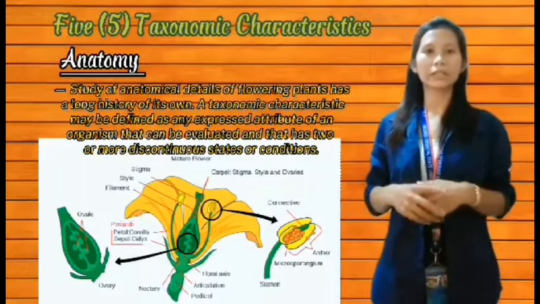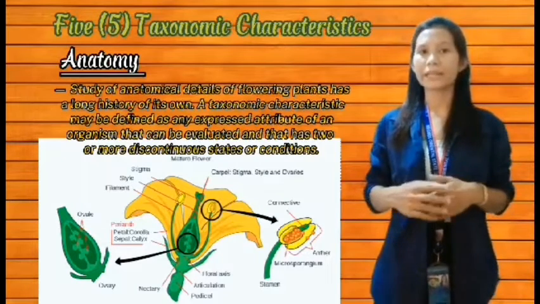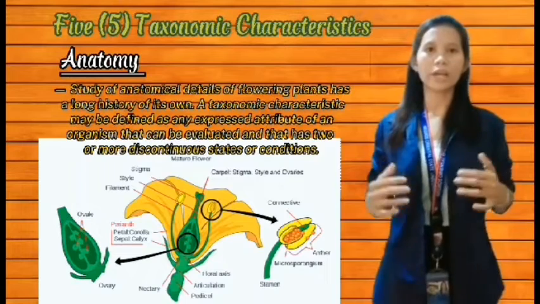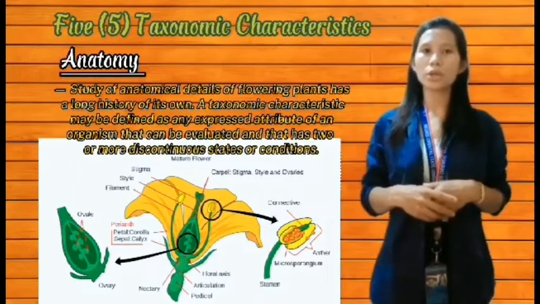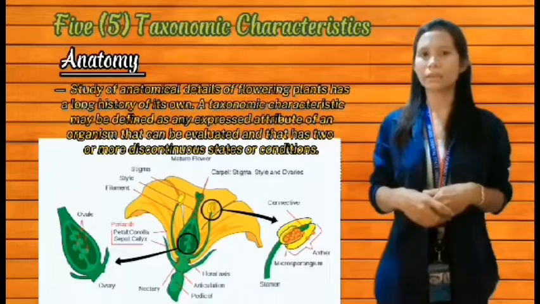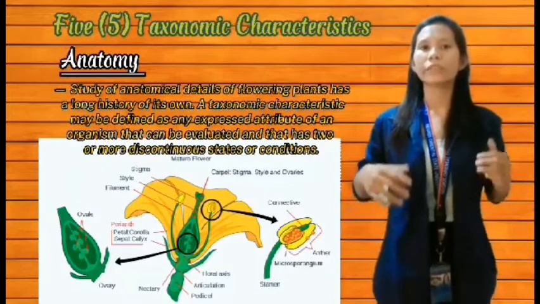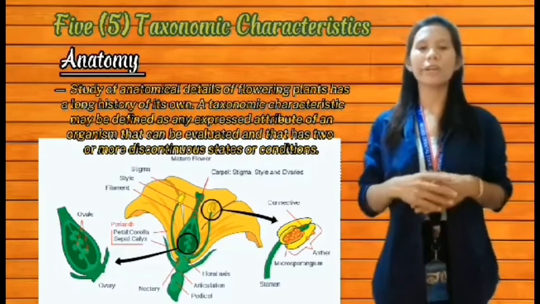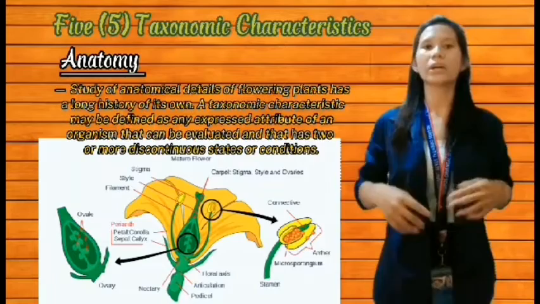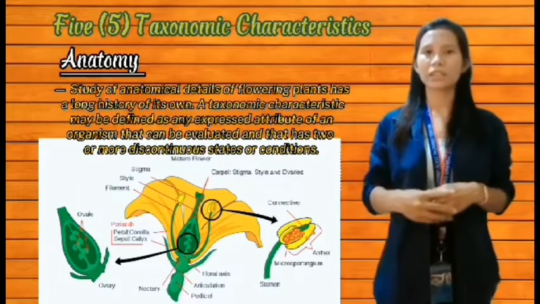A taxonomic characteristic may be defined as any expressed attribute of an organism that can be evaluated and that has two or more discontinuous states or conditions. So the taxonomic value of a characteristic is increased if the biological significance of the characteristic has been determined.